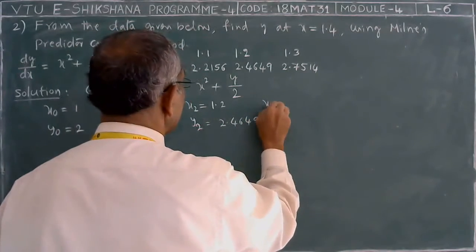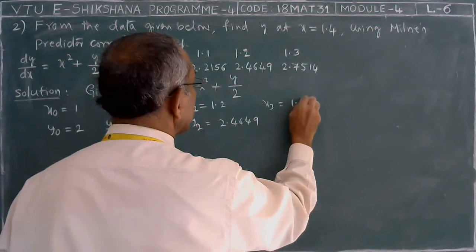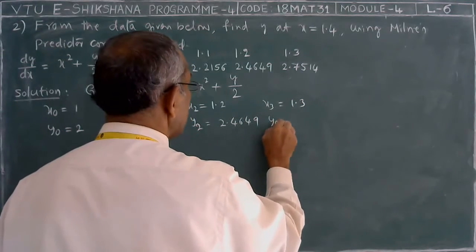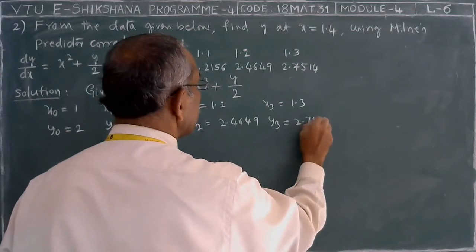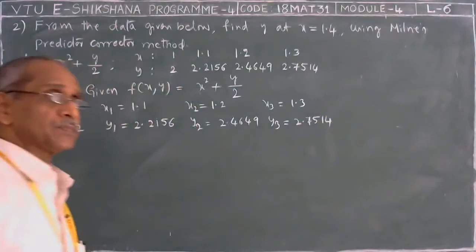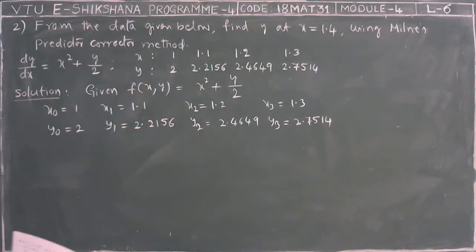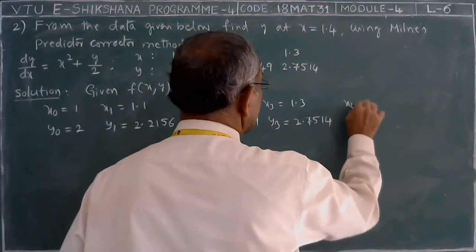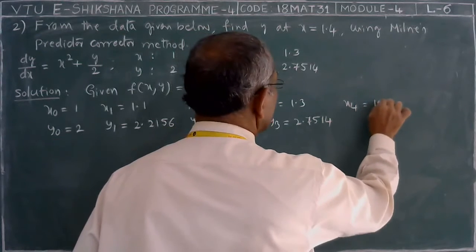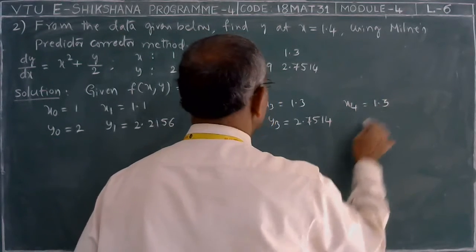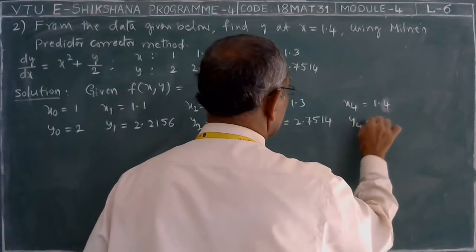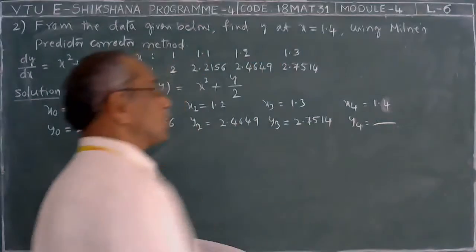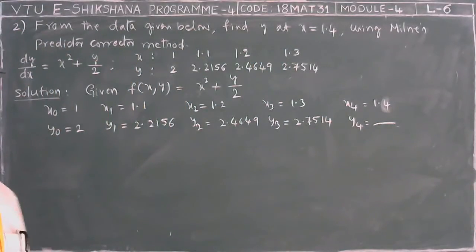The next value x3 is 1.3, corresponding y3 is 2.7514. Then I need to calculate x4 is 1.4.